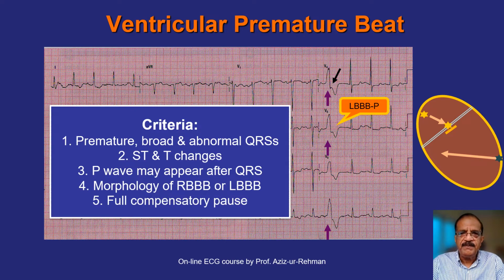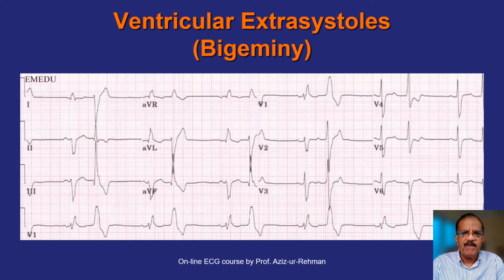Let's proceed further. Okay, what is this? Very simple. If you see this beat, what do you say? Is this normal sinus? Yes, it is, though it has got a broad complex, and if you see V1, it has a pattern of right bundle branch block. So this person probably has pre-existing right bundle branch block, and these beats are sinus beats.